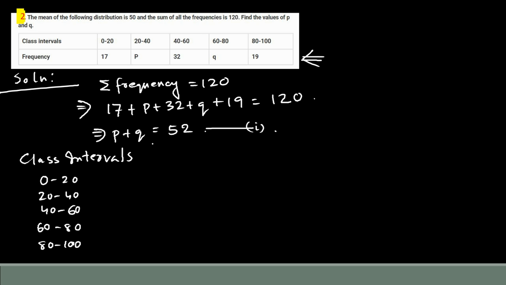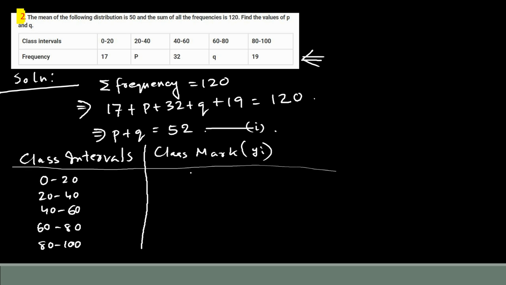Okay, so what is your class mark here? Lower limit plus upper limit divided by 2, right? Simple. Class mark yi. Lower limit 0, upper limit 20, 20 plus 0 divided by 2 is 10. Similarly 20 plus 40 is 60 divided by 2 is 30. Similarly this is 50, this is 70, this is 90. So you got the class marks.